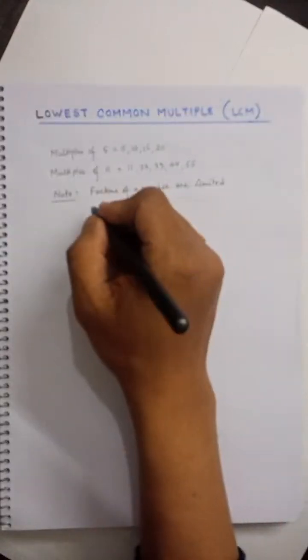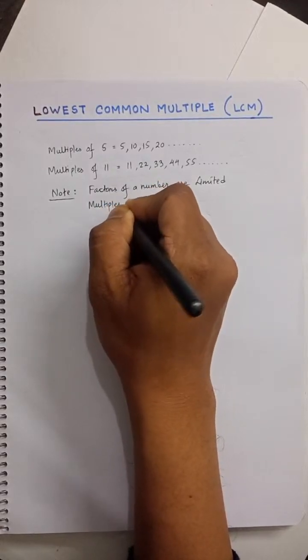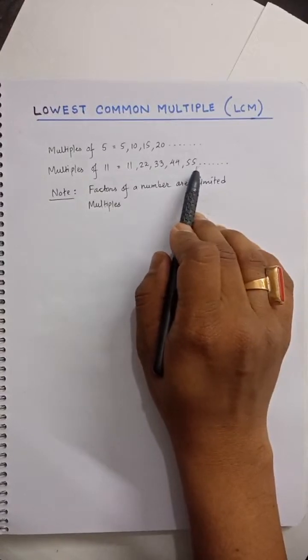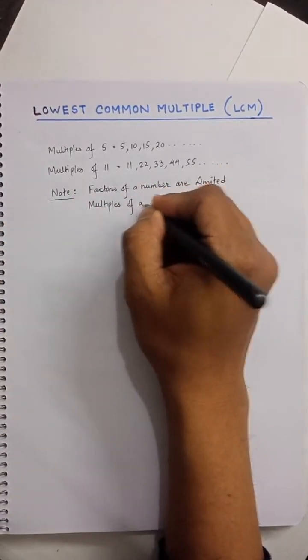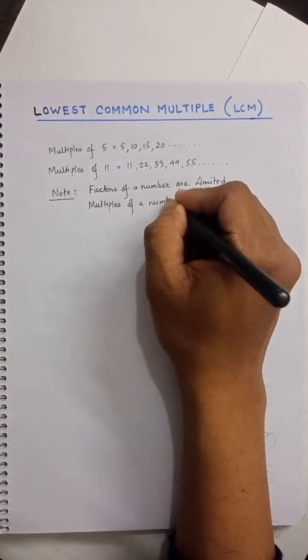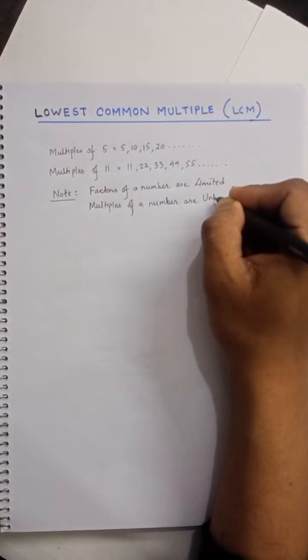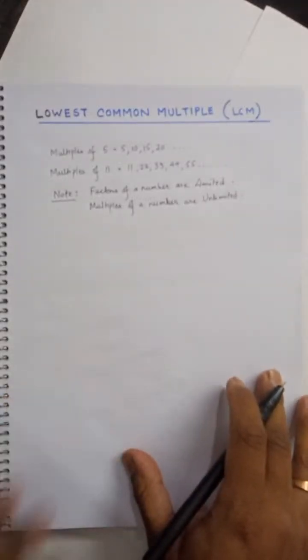So factors of a number are limited, but multiples can be unlimited. That is the reason I have given some dots. So these dots mean continuation. Multiples of a number are unlimited. So just a small bit of information before starting.